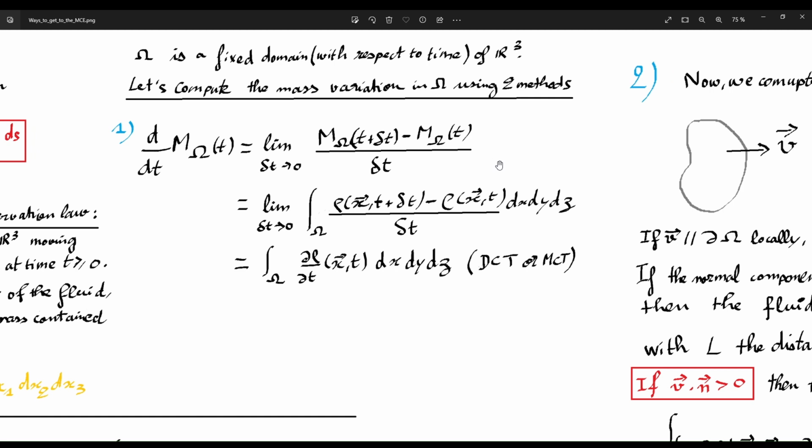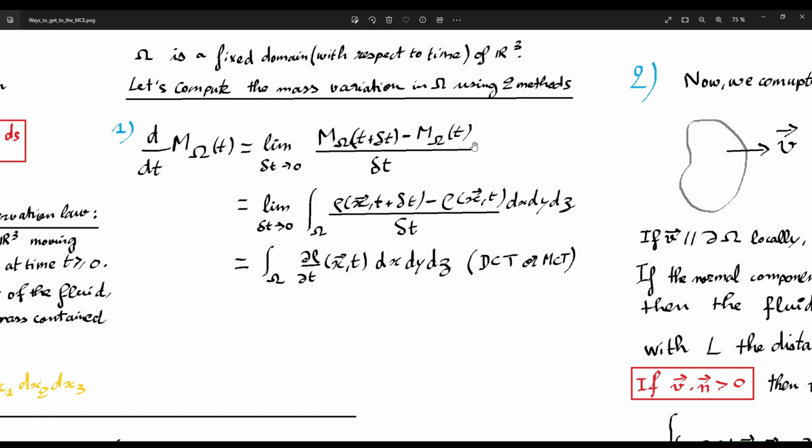Let's compute the mass variation in omega using two methods. First, the derivative of m omega at t over dt equals, by definition, the limit when delta t goes to 0 of m omega at t plus delta t minus m omega at t divided by delta t, replacing m omega with its definition in the following limit.